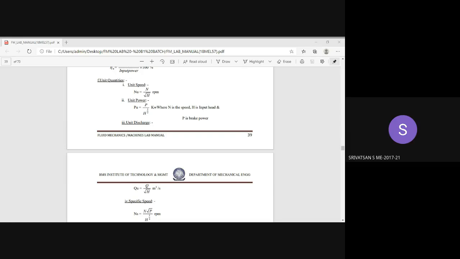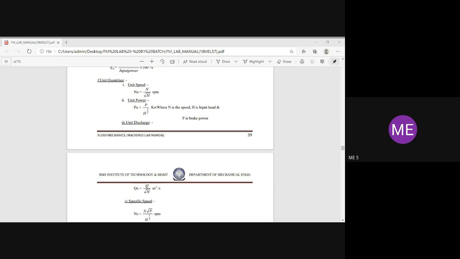I gave the readings for constant head for two gate openings only, for 90° and 180°. Otherwise, shall I give the readings for all the gate openings for constant head?